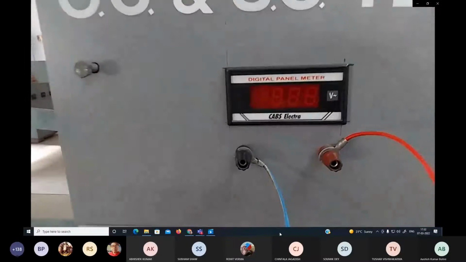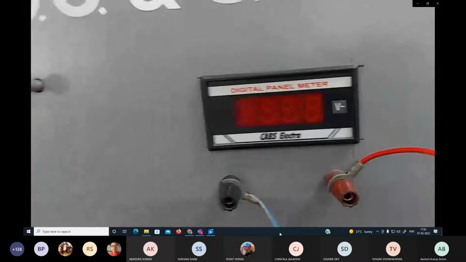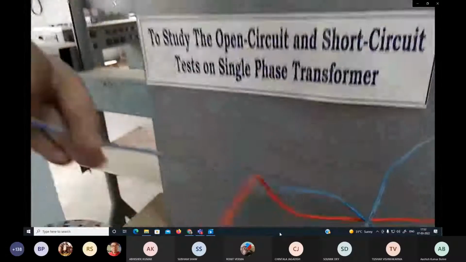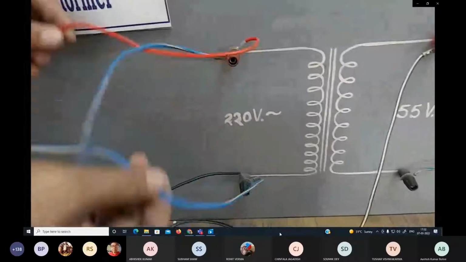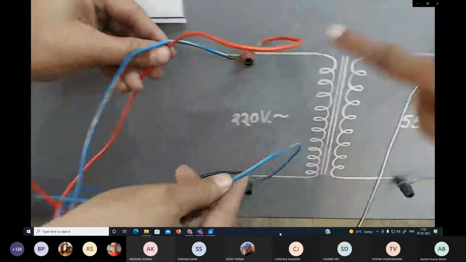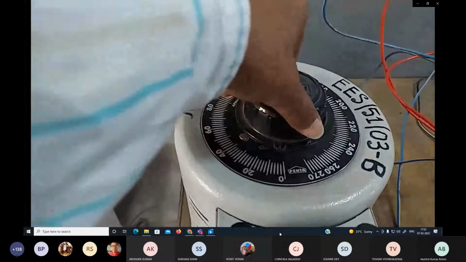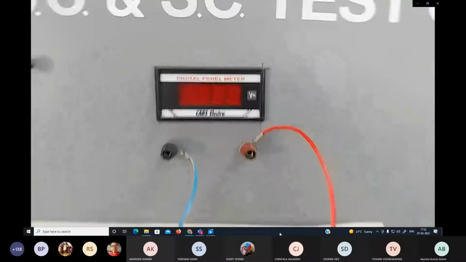Here we will be using the digital panel meter, which is shown here. You can see these two wires are connected across this 220 volt side winding, so it will measure the voltage coming from this thermostat. We will get an idea from the scale, but the exact value will be displayed by this panel meter.